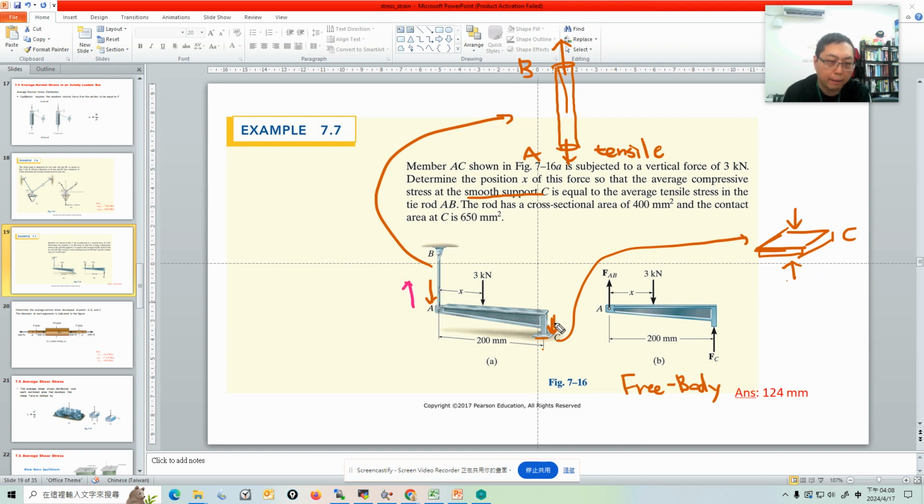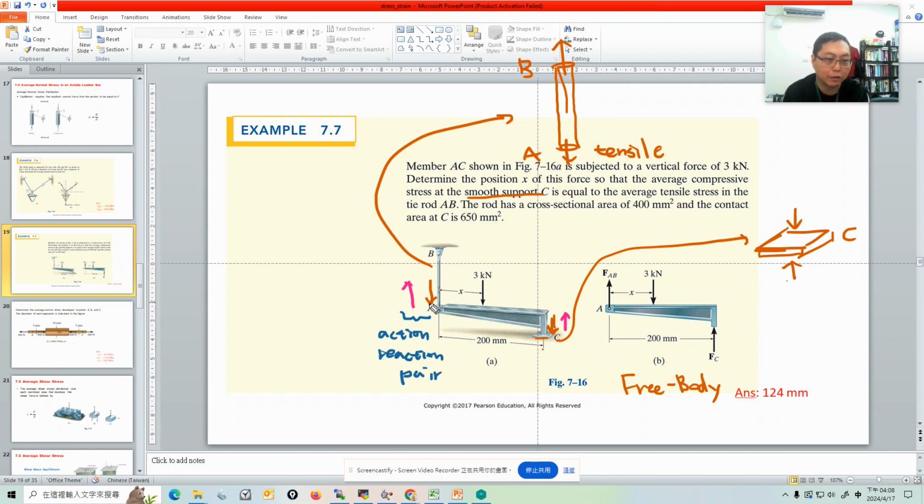There's a compressive stress acting on these smooth supports. Also, there is a reaction force acting on this member, pointing up. So this is called an action-reaction pair, following Newton's third law of motion.